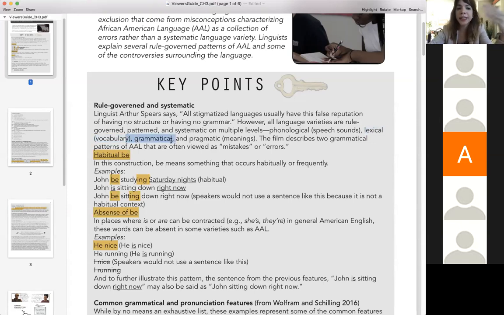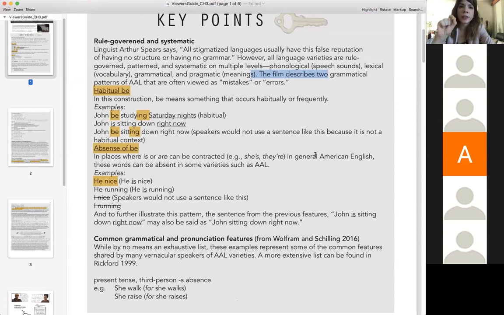Grammar, all of these varieties have grammar, and pragmatics, so meaning attached to words and syntactic constructions. So the film specifically focuses on some grammatical aspects and features of African American English that could be viewed as mistakes and errors.